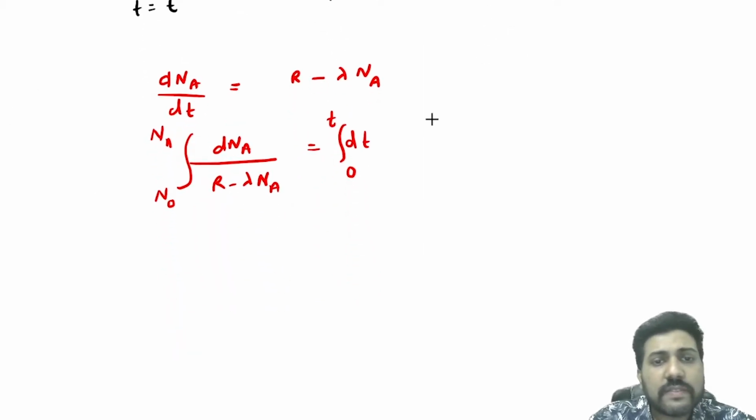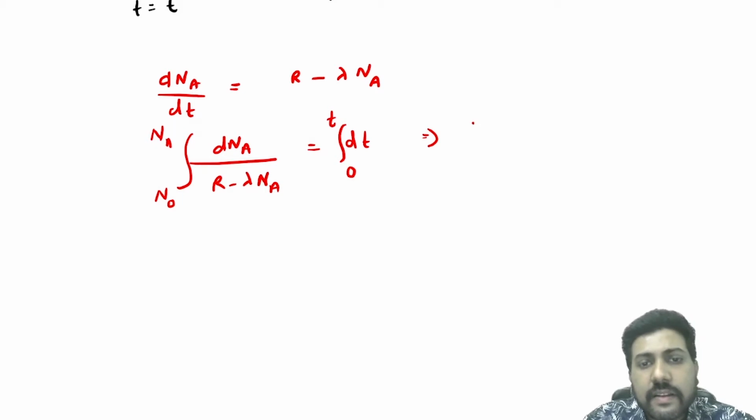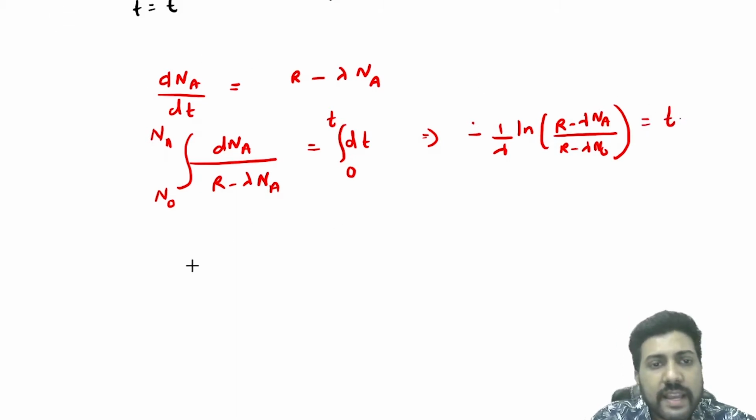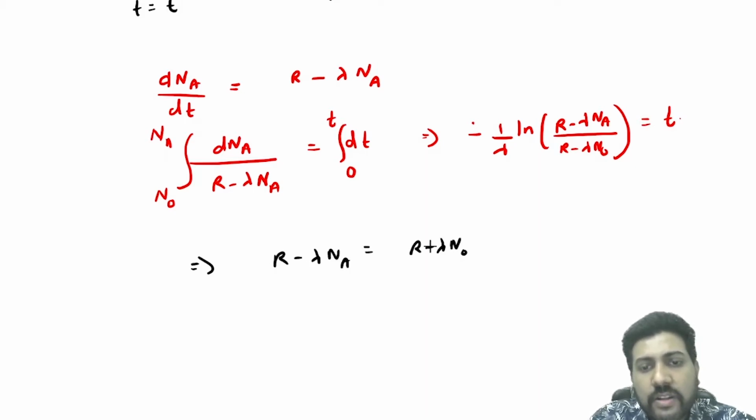Now when you solve this, you will get minus 1 by lambda ln of (R minus lambda Na) divided by (R minus lambda n naught), I have directly put the limits, is equal to t, and from this we will write R minus lambda Na is equal to (R minus lambda n naught) into e power minus lambda t.